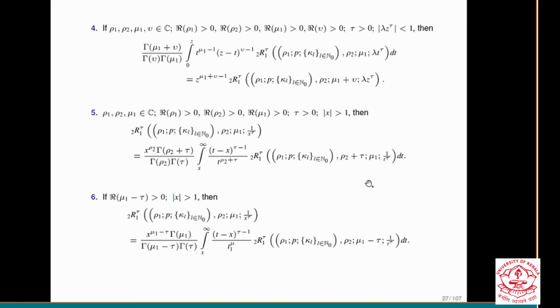Otherwise, it will be meaningless for us, and also in the field of mathematical sciences, because generally we have to use only convergent series. The 5th one is given in this form, and this is your 6th relation.